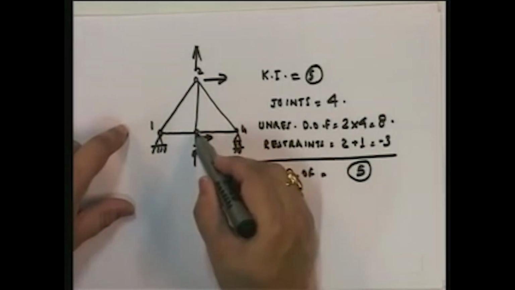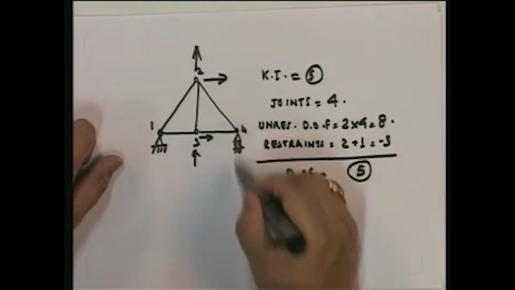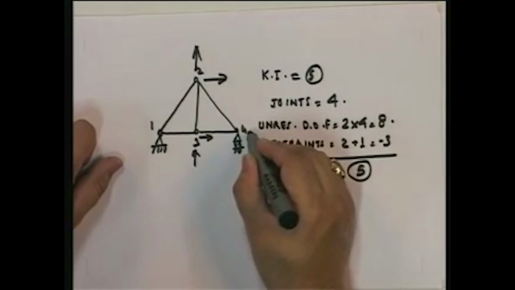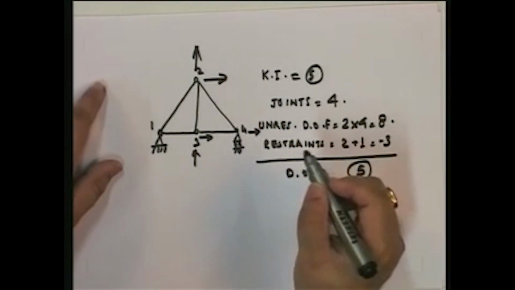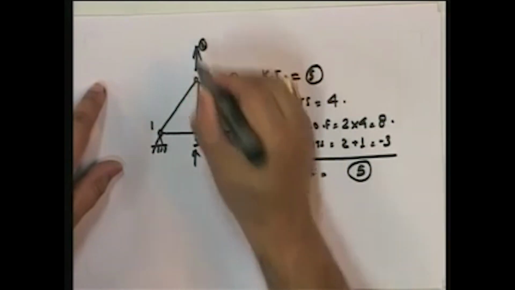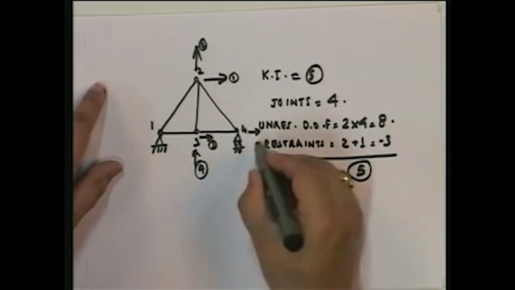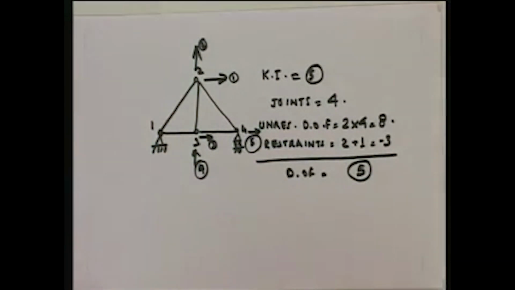The vertical displacement and the horizontal displacement. What about 4? Well, it's restrained in this direction. It's not restrained in this direction. So, now how many do I have? I have 1, 2, 3, 4 and 5. 5 degrees of freedom.